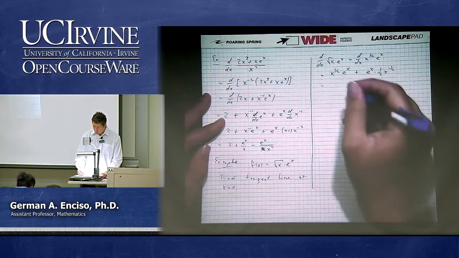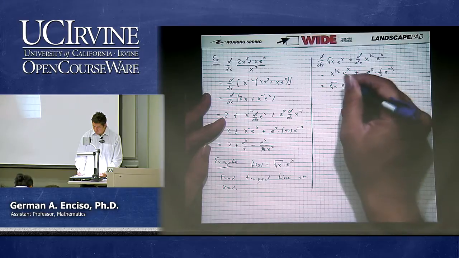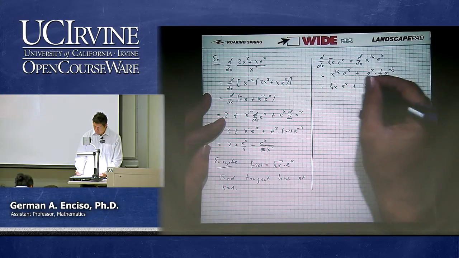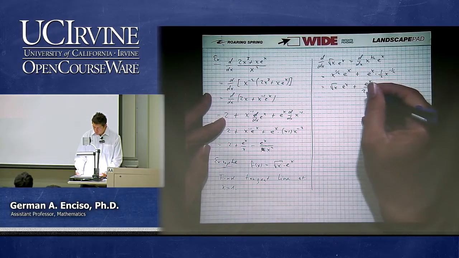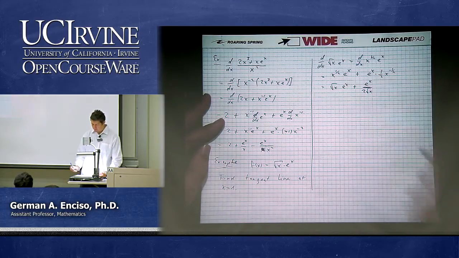And that's equal to square root of x e to the x plus e to the x divided by 2 square root of x.